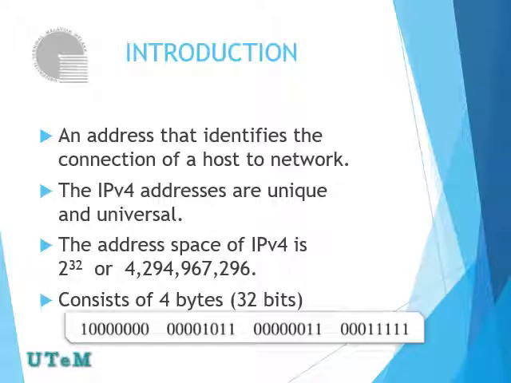IP version 4 address is an address that identifies the connection of a host to a network. Each host or each device, if it needs to be connected to the network, requires an IP address. This is like a home address.